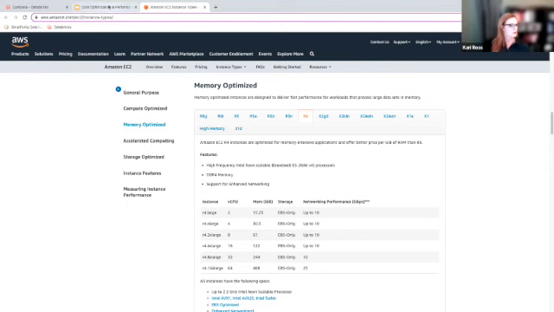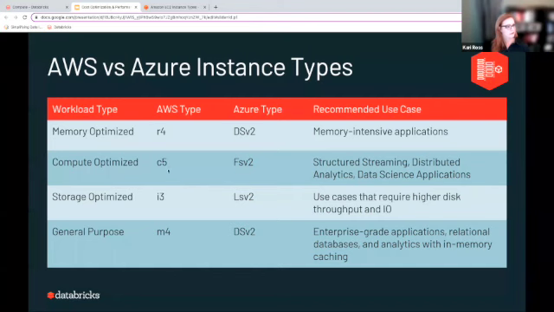But similarly, if we look at that web page for the compute optimized, you'll see that it's got 1 CPU to 2 gigabytes of RAM. That's a compute-intensive option where you're thinking of maybe structured streaming, distributed analytics, data science applications.